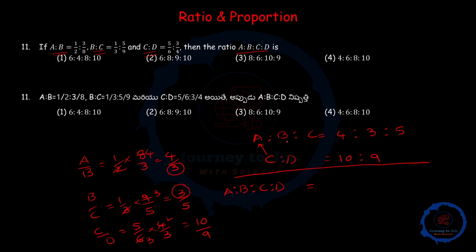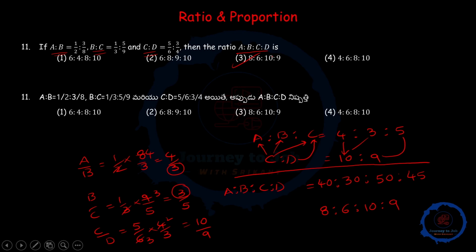Multiply a with c, multiply b with c, multiply c with c, then multiply this c with this d, you will get the answer. So 4 into 10 first step 40, next 3 into 10 is 30, 5 into 10 is 50, and finally this 9 into 5 is 45. So dividing by 5, this is 8 is to 6 is to 10 is to 9, and this is the answer. Okay, next question.